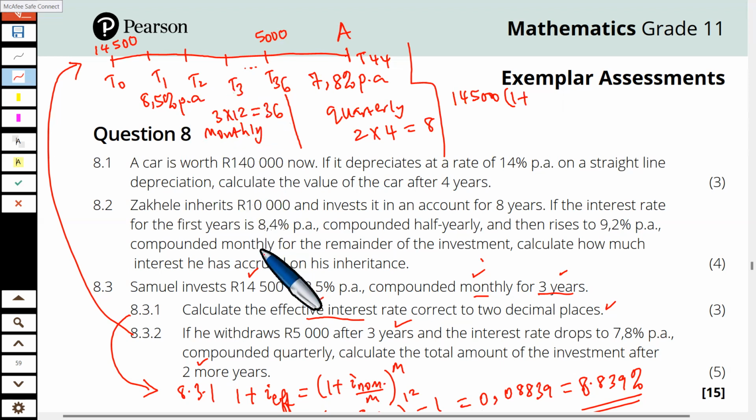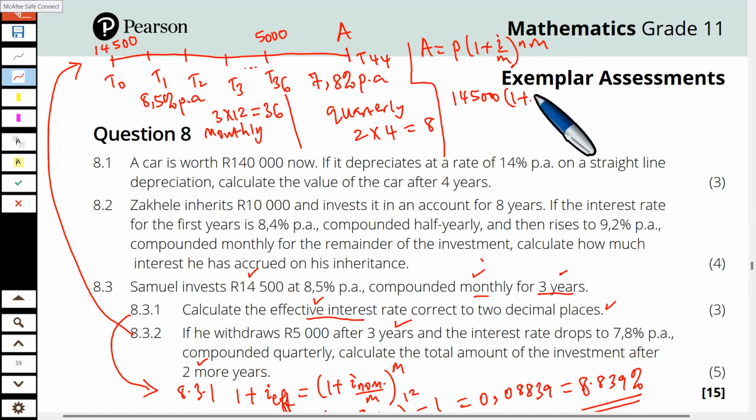There are a couple of ways to do this question. One way is to use the nominal rate. Another way is to use the effective rate. The easiest way is to tell the students to always use the formula: if it's monthly, quarterly, etc., use 1 plus i over m, to the power nm. This becomes the nominal rate formula.